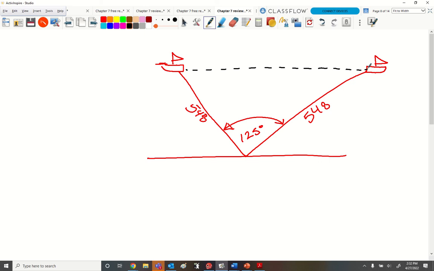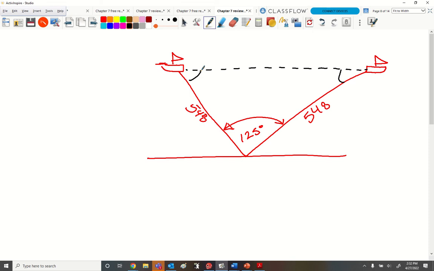So since it is an isosceles triangle, what else do you know about it? The two sides are equal. Base angles are also equal. So these two are both equal, but we're not looking for the angles, are we? Nope. Okay, we're looking for the distance in between these. Now, is this labeled? No, it's not labeled, right?